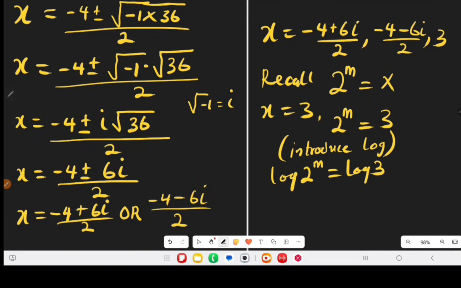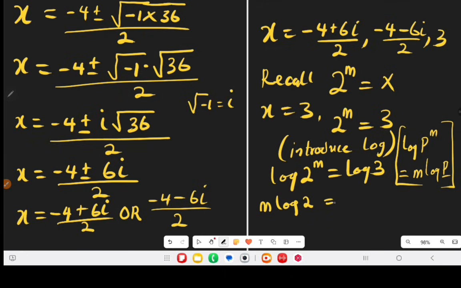In logarithm, we have the power rule. Whenever we have log p raised to the power of m, it is the same thing as m log p. The power will just come down and multiply the log, which is the same thing as m log 2 equal to log of 3.